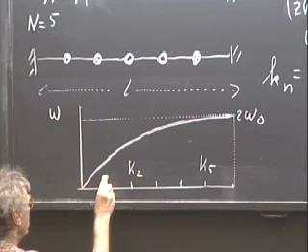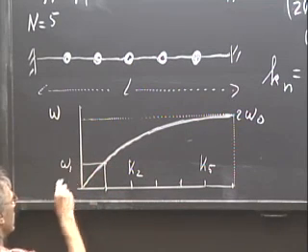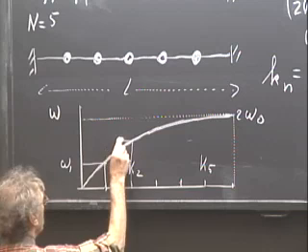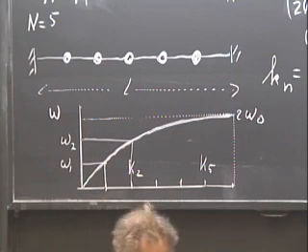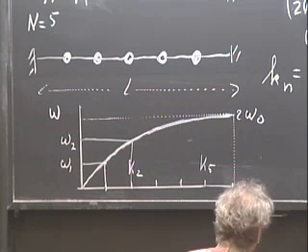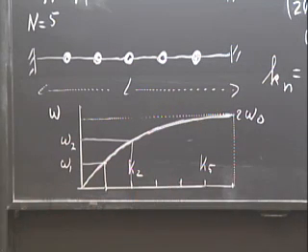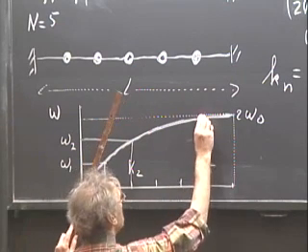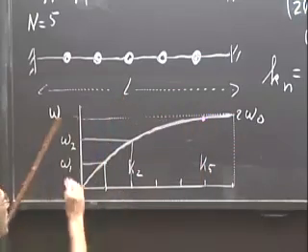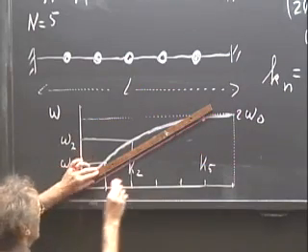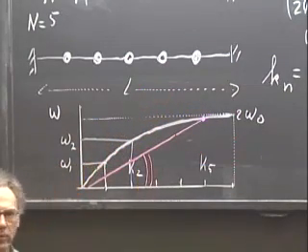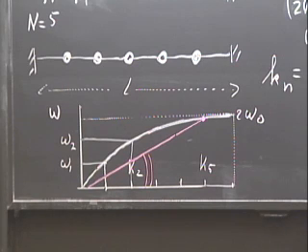So for k1, this is omega 1. For k2, this is omega 2, and so on. So you can immediately see that the speed of propagation in the fifth mode is lower than the speed of propagation at the lower modes, because this point here, which is k5 connected with omega 5, I can connect with the origin, and then this angle is a measure for the speed of propagation, because the speed of propagation is omega divided by k.